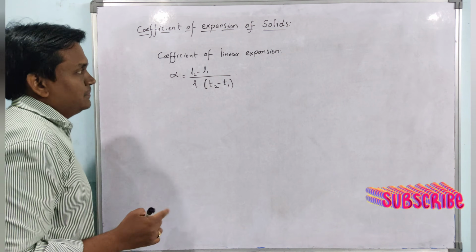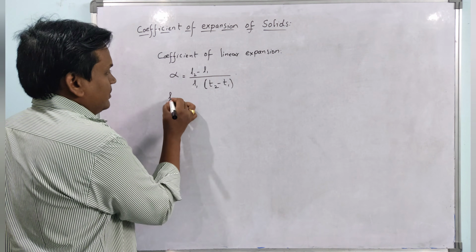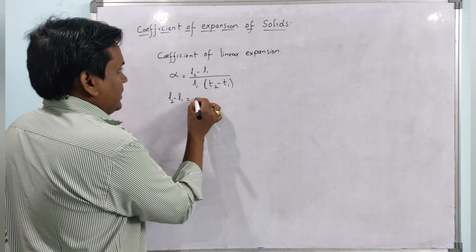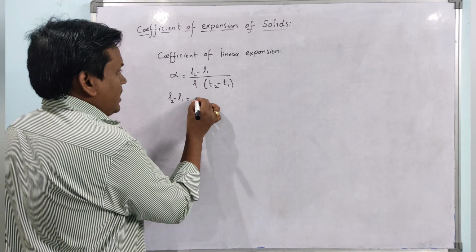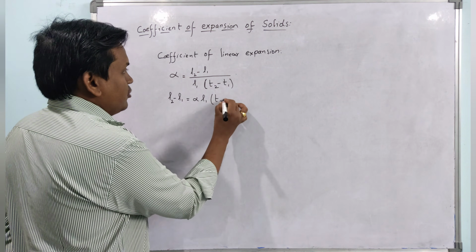So this is alpha, and from this, L2 minus L1 equal to alpha into L1 of T2 minus T1.